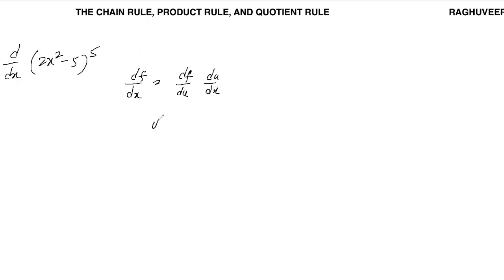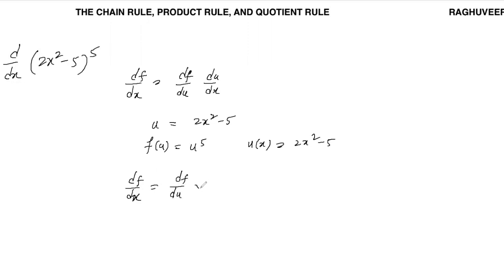So if you consider u as 2x square minus 5, f of u will be u to the power of 5, where u of x is 2x square minus 5. So this will be df by du multiplied by du by dx.